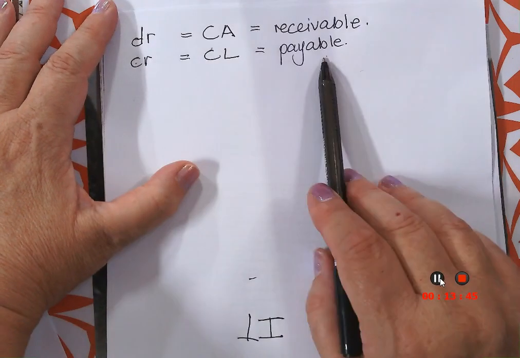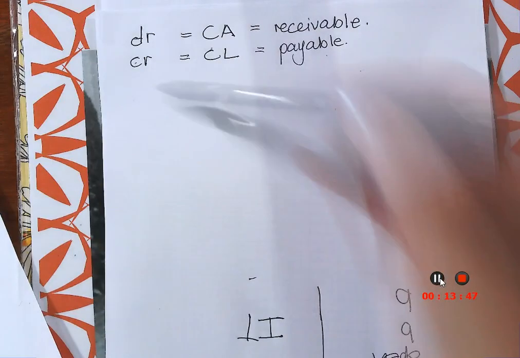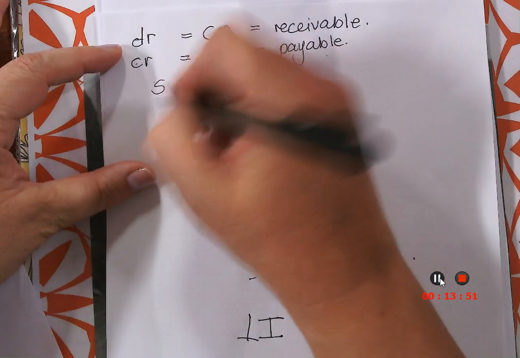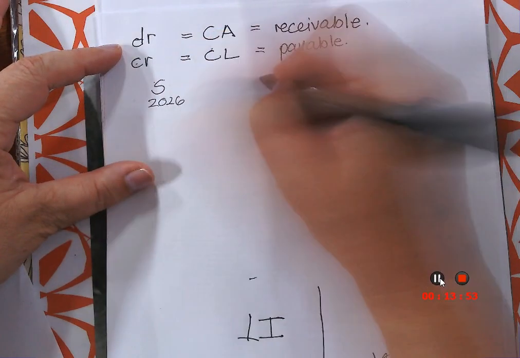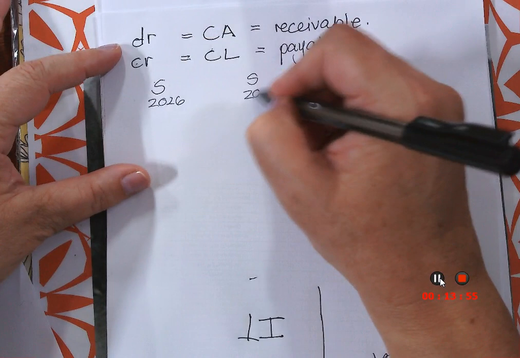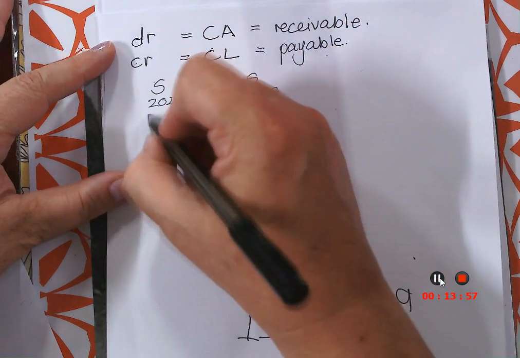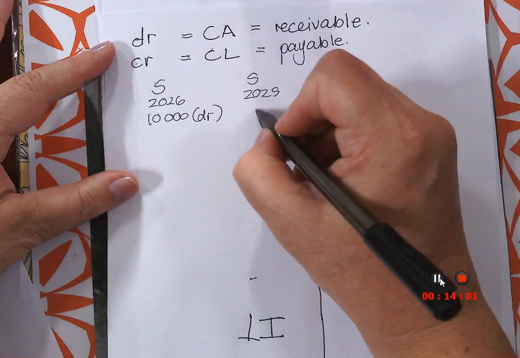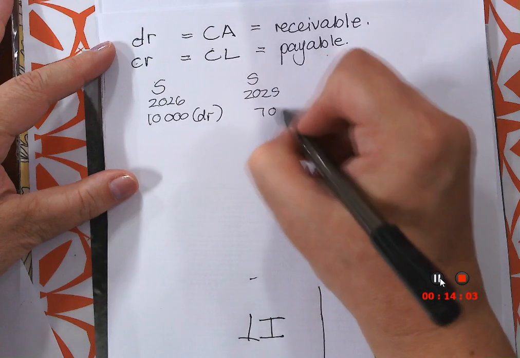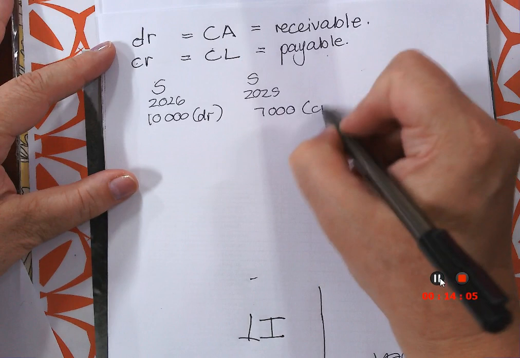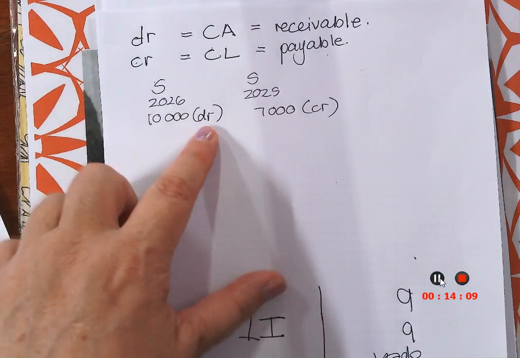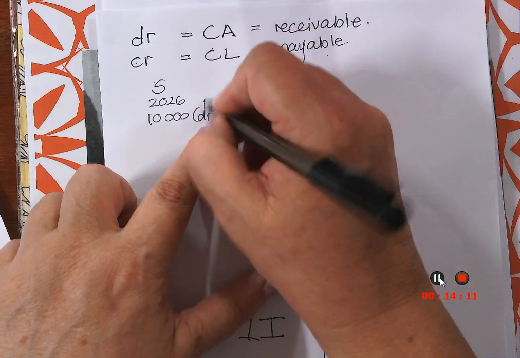They can say, SARS 2026 and SARS 2025, we have 10,000 debit and 7,000 credit. Then you have to know here it's a receivable, so it's a current asset.